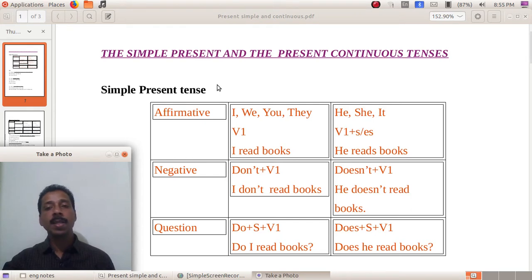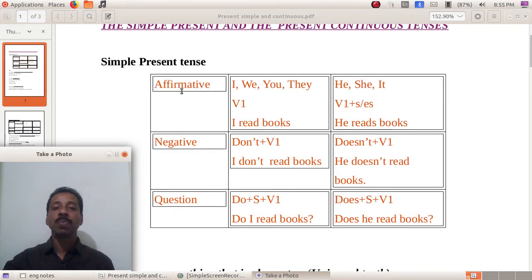Last day we discussed that while we think of the 12 tenses, in simple present tense we can directly use the first form of the verb. The first form is the V1 form, the present form. So that is given here in this table.